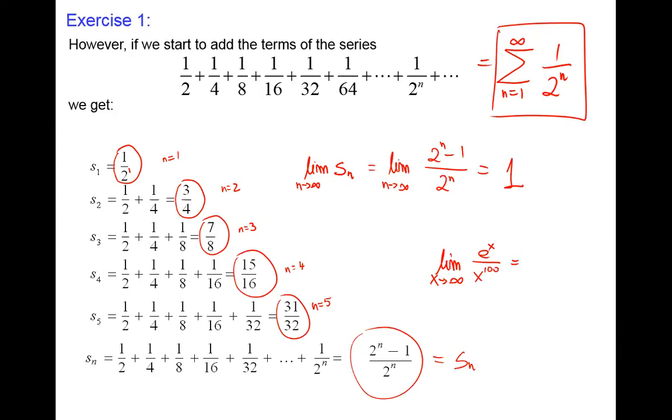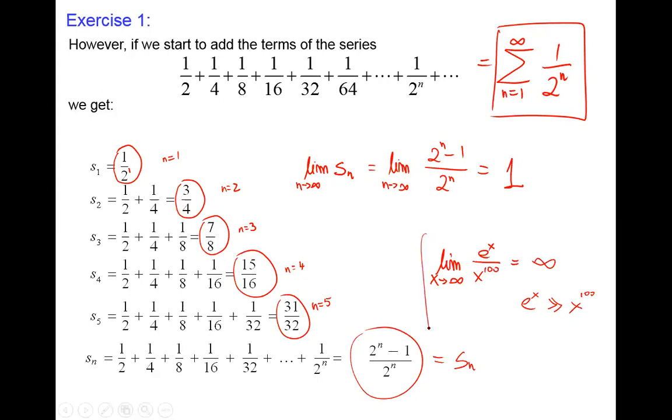It's definitely infinity over infinity, which we may use the L'Hopital rule, but probably the answer is just infinity. Thank you, because the exponential function grows much, much faster than any power function, even if 100. And if the numerator is winning, always infinity. If the denominator is winning in terms of the growth rate, always 0.